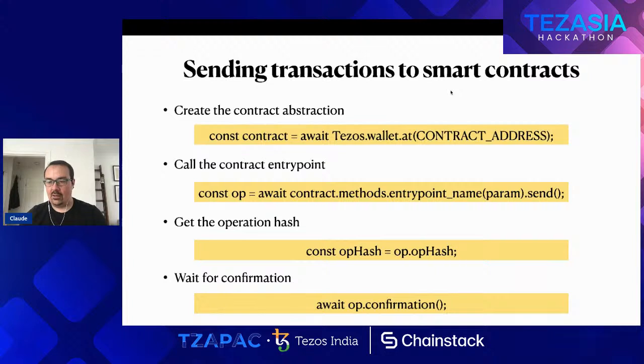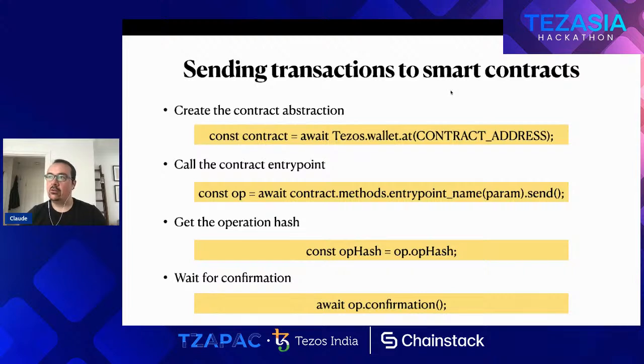And that property has different methods whose names are exactly the names of the entry points of the contract. So here I just put entry point underscore name as an example, but imagine you have a token contract.